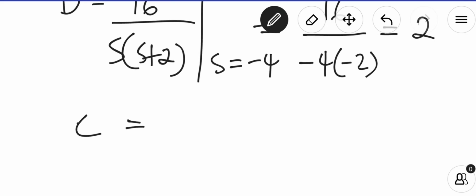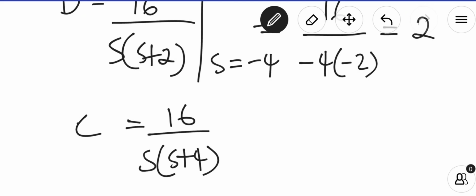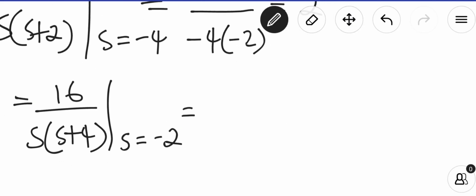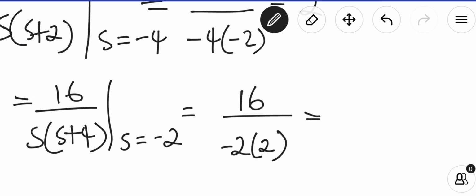C is equal to 16 over s times s plus 4. For C, s is equal to minus 2. This will be 16 over minus 2 times 2, equal to minus 4.